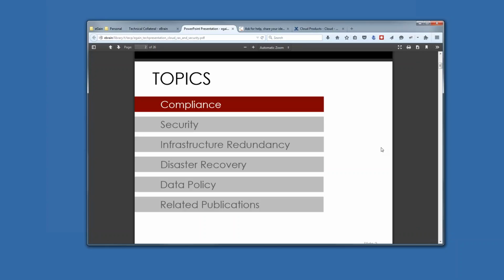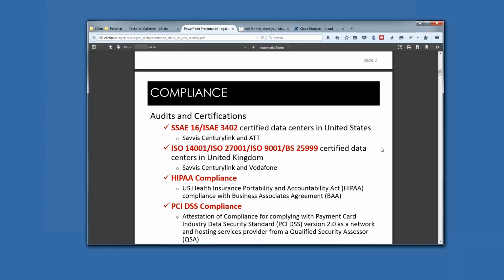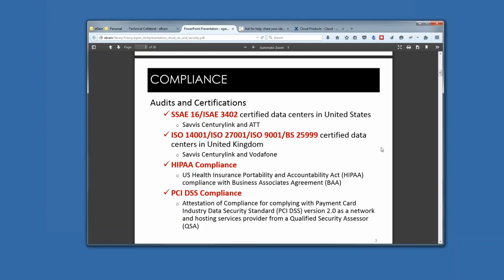These are all the different sections this document talks about: compliance, security, infrastructure redundancy, how we make sure we can meet our SLAs, DR, and our data policy. A couple of highlights on this one. On compliance, we have all the standard compliance pieces from our data centers in the US and the UK. They're very well established data centers.